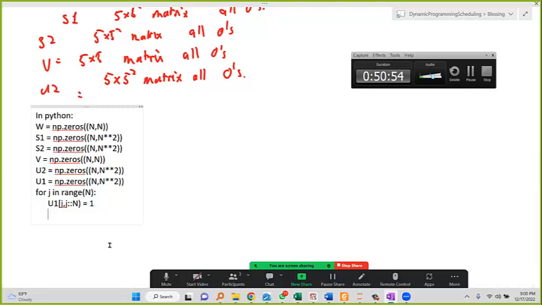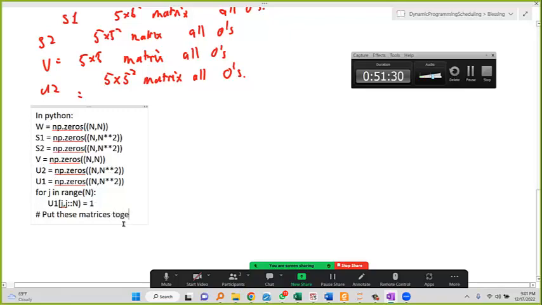So you see I created a W matrix, an S1 matrix, an S2 matrix, a V matrix, a U1 matrix, a U2 matrix. Now I need to put them all together into the entire constraint matrix. It's not one vector, it's one matrix; each row is a vector.